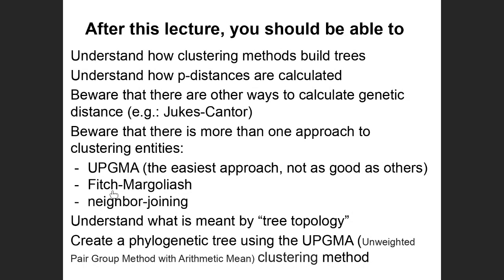I'll show you examples of these so that you have some idea, but we're not actually going to calculate them. The reason I show you these names is that when you are running software, if you run into these names, I want you to know, oh, different ways of clustering. So you don't freak out like, oh, I have no idea what this is talking about.